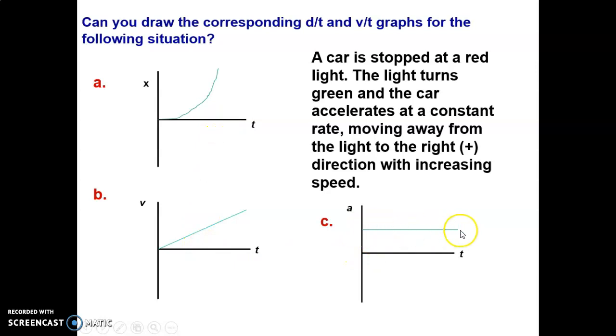If I have a flat line here like this, that means I will have a positive slope flat line here. This is a positive slope because this is above this 0 point. So if I have a flat line here, then I will have a straight increasing slope line here. And that means I will have a curved line here. Okay?